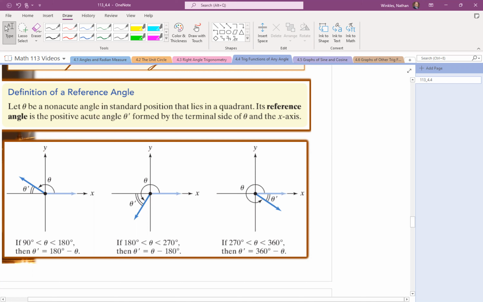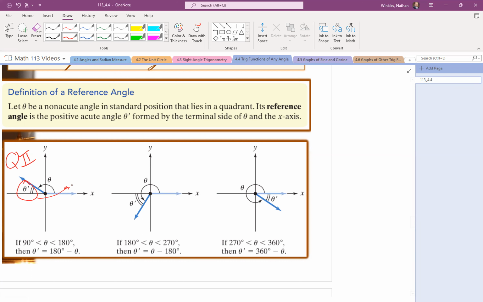If our angle is in quadrant 2, then theta prime is going to be equal to 180 degrees minus theta. And that's going to give us this small angle here, which will reference to an angle back over here.